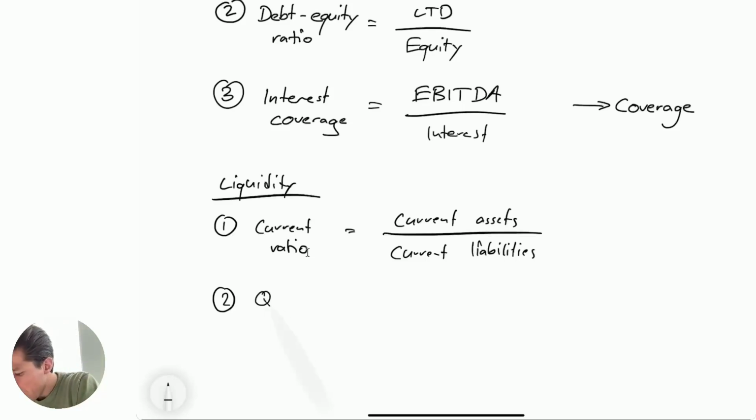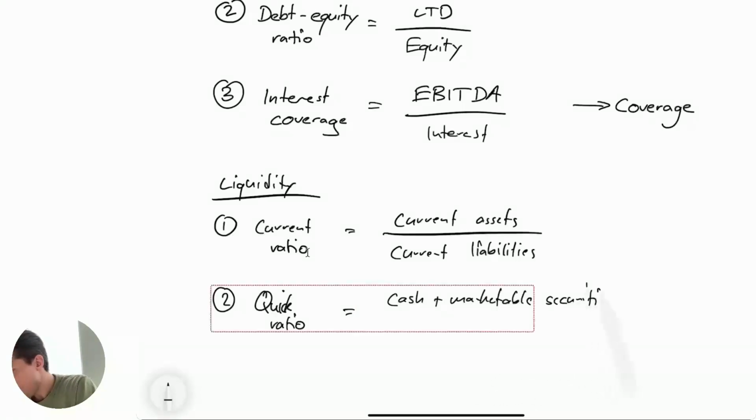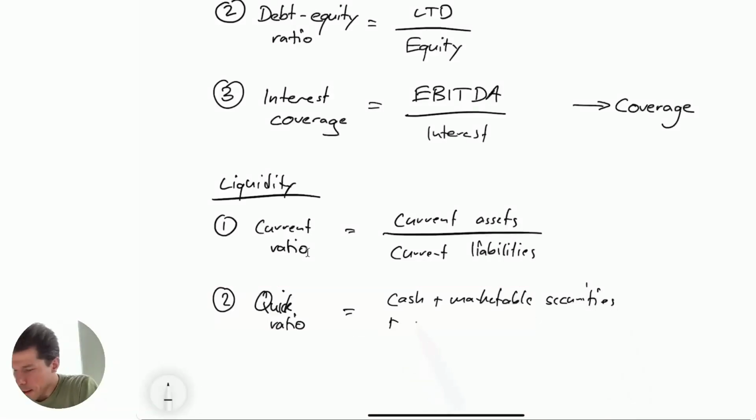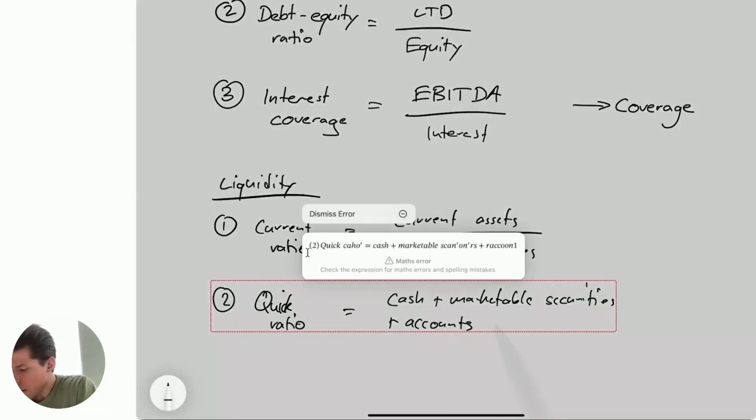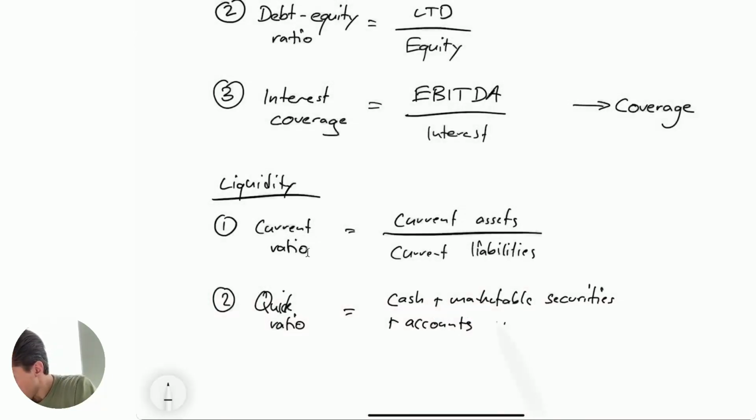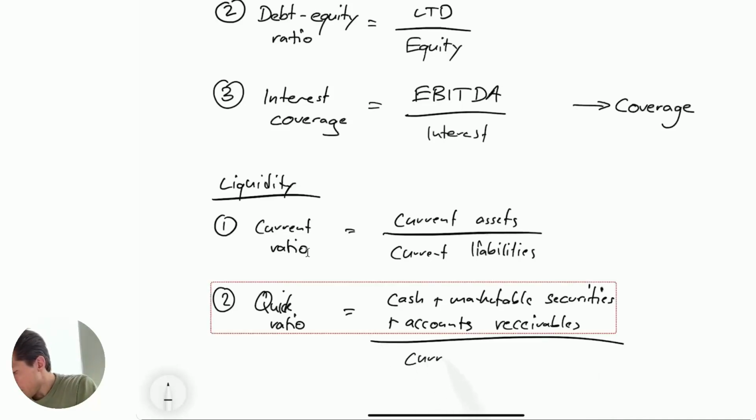Then we have quick ratio, cash plus marketable securities plus accounts receivables over current liabilities again.